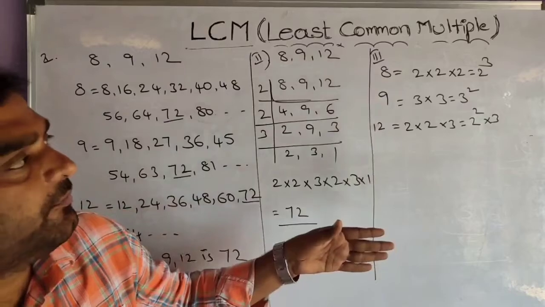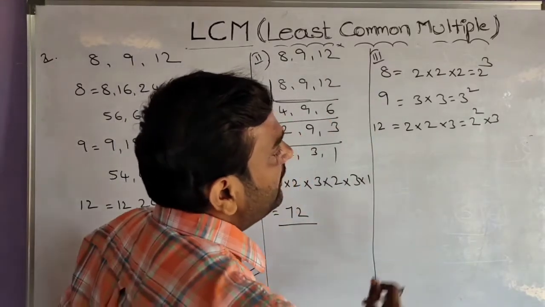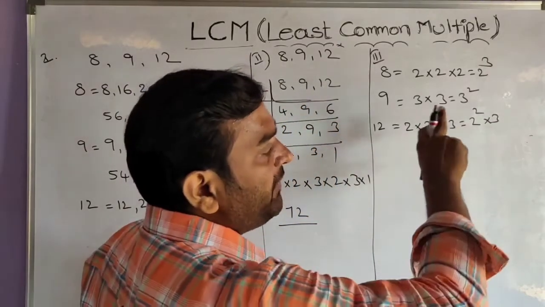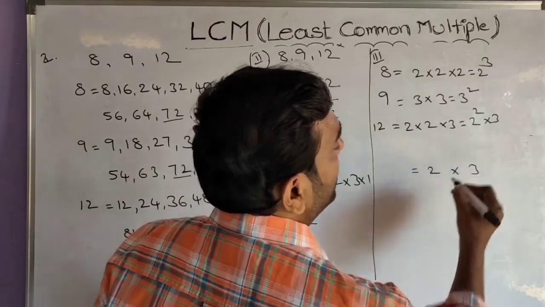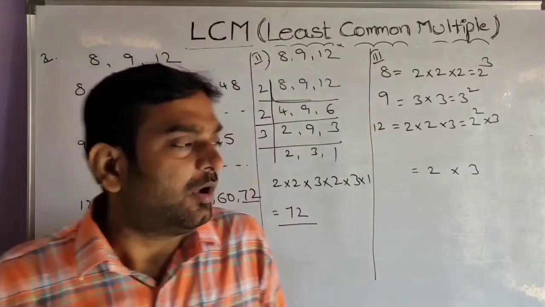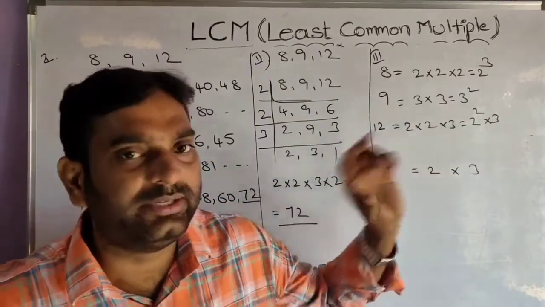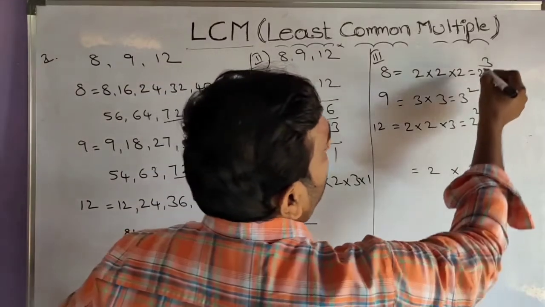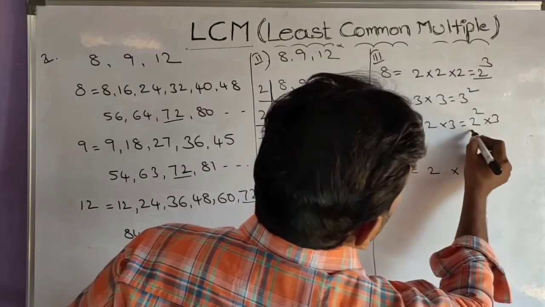Now in these three, we have to take the highest. How many different prime factors are there? 2 and 3. Those are 2. And in that, we have to take the highest power. What is the highest power for 2? Here we have the 2 cube, here we have the 2 square.